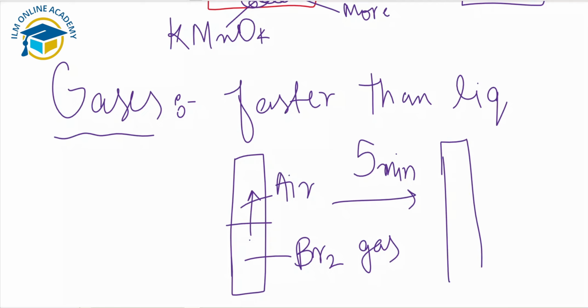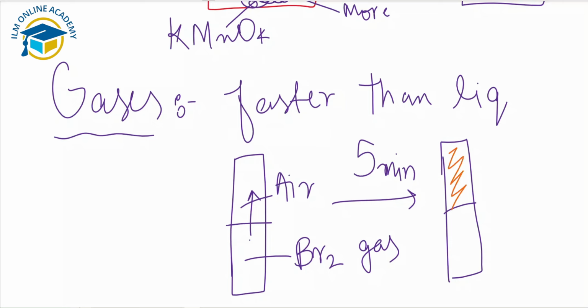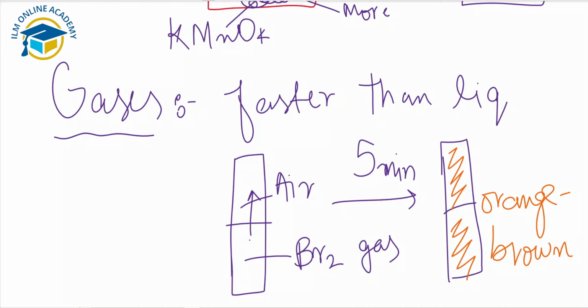So after some time, we have an even concentration of both. Here all will be orange or brown in color just because of the bromine gas. So after some time, bromine is evenly spread and the color of the whole cylinder will be orange or brown. So this is the diffusion of gases.